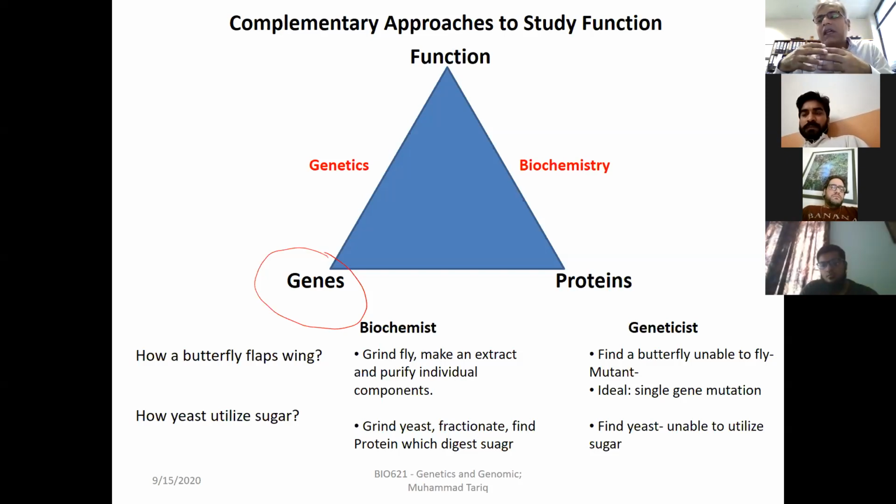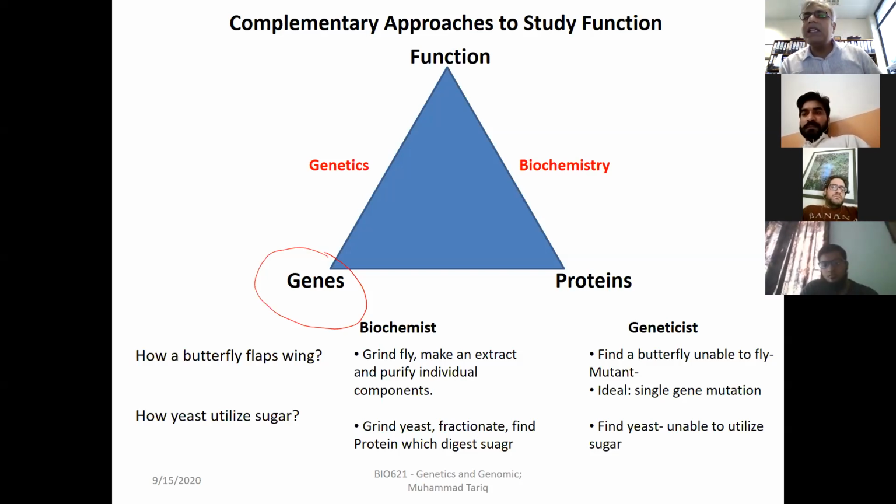Similarly, if you are working with yeast, you will try to make a yeast which is viable, but defective in utilizing sugar. It cannot utilize sugar, and otherwise it's normal.